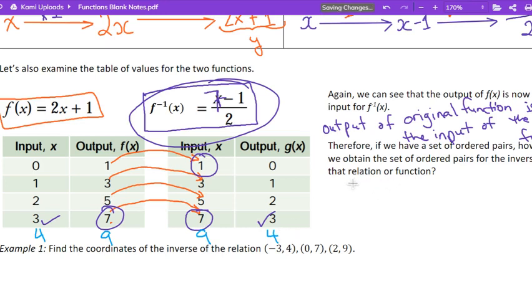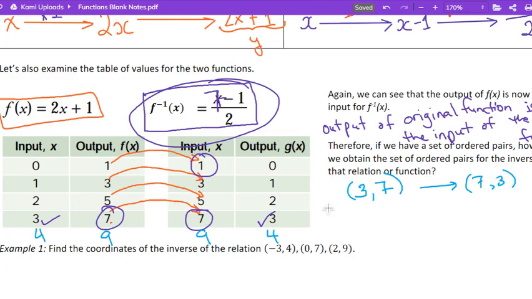And so if one point on the original function is 3, 7, the point on the inverse function is 7, 3. So I'm just taking the inputs and the outputs, and all that's changing is that they swap places.